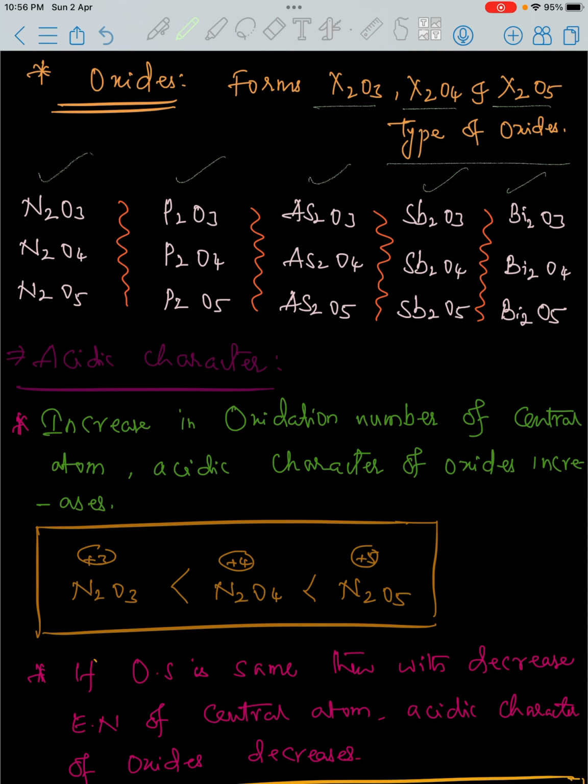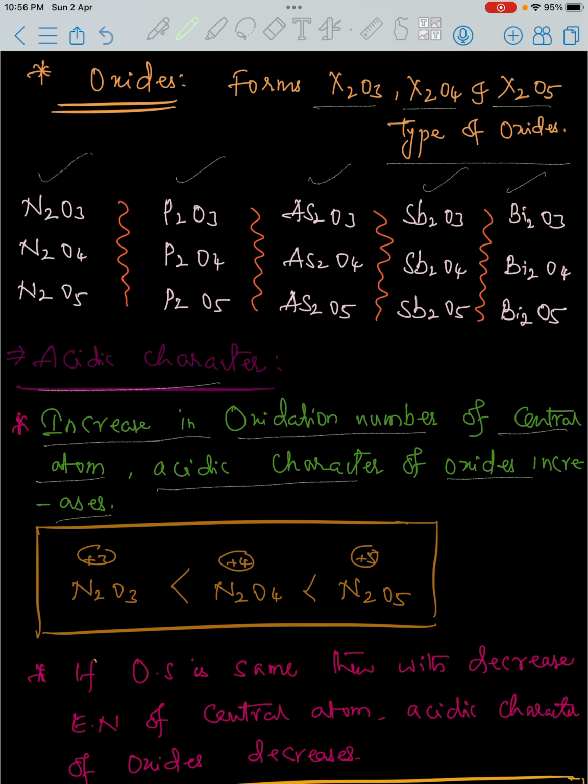Generally non-metal oxides are acidic in nature. Let us see which oxide of 15th group elements is more acidic and why. Acidic character: as the oxidation number of the central atom increases, the acidic character of the oxide increases. See here N2O3, N2O4, N2O5.